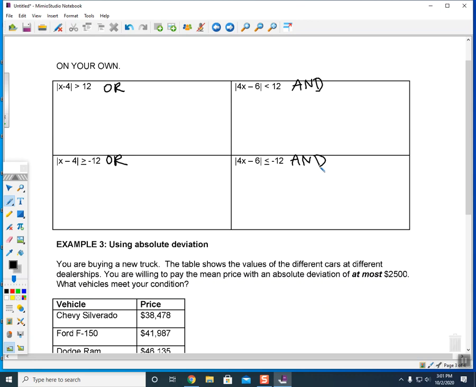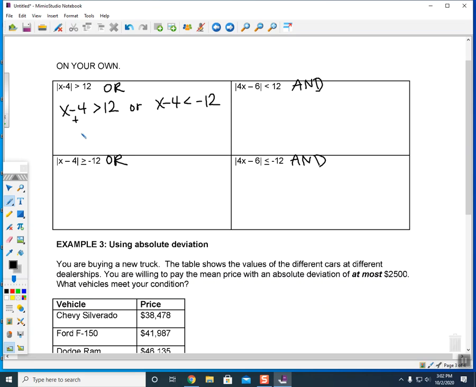So let's look at this. Absolute value of x minus 4 is greater than 12. So then I can just split right away. So I'll have x minus 4 is greater than 12, or x minus 4 is less than negative 12. Just going to add 4 to both sides. Ooh, that does not look like plus 4.